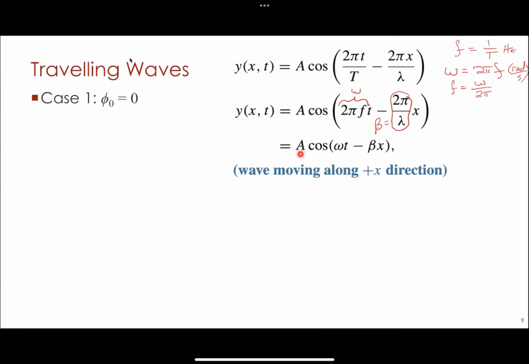Still have our amplitude A, cos. We got our omega. Omega is just 2π f. 2π f t is just 2π t over the period capital T. Minus beta x, beta is just 2π over lambda. So it's just 2π x over lambda. So these are all the same thing.